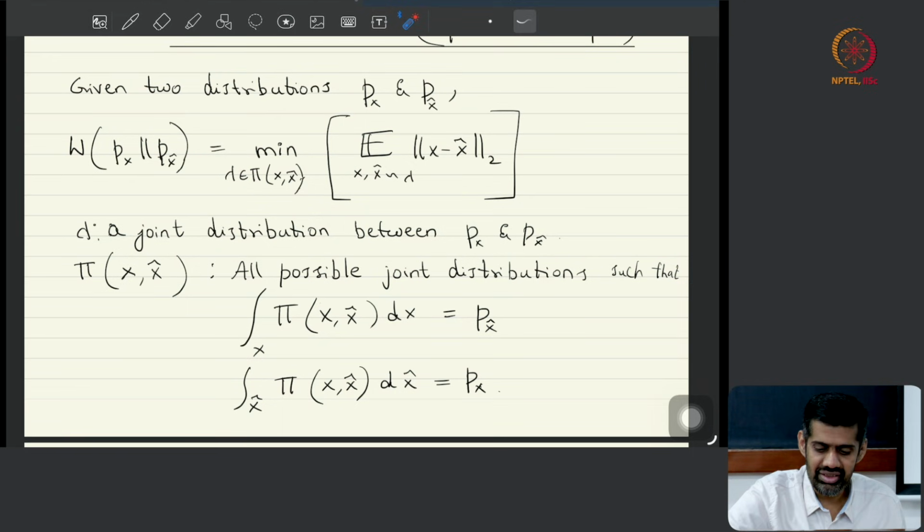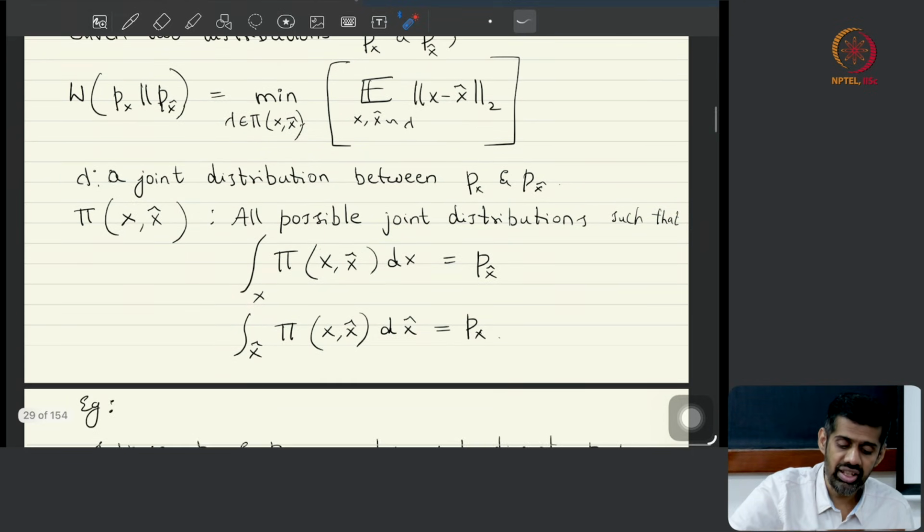We will look at why this is an intuitive way of defining it. So pi here defines a joint distribution between two random variables.